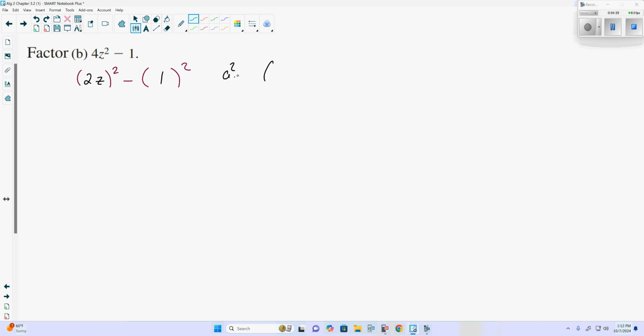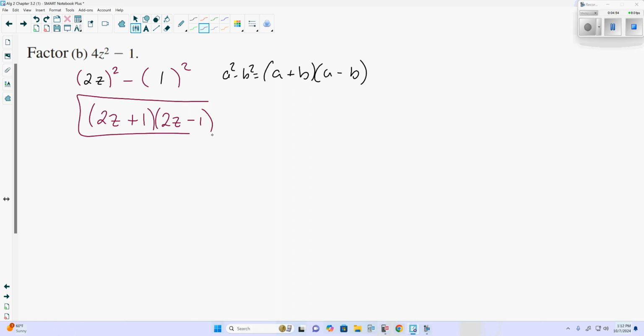And a squared minus b squared is equal to a plus b times a minus b. So for us here, our first set of parentheses would be what? 2z plus 1 times 2z minus 1. We're plugging in our a and b. Questions on this here?